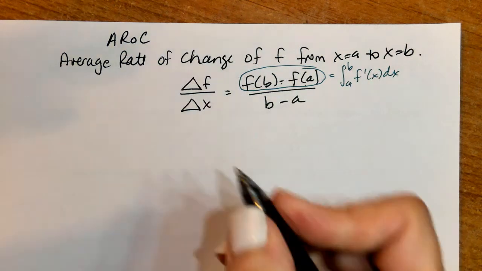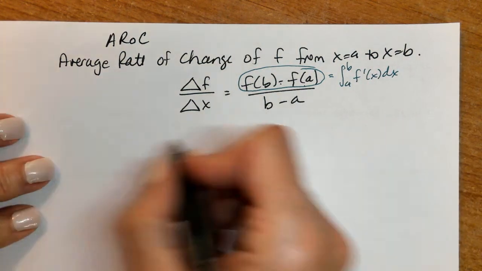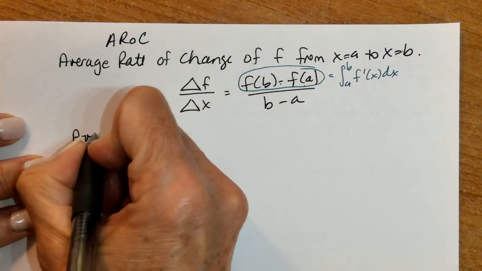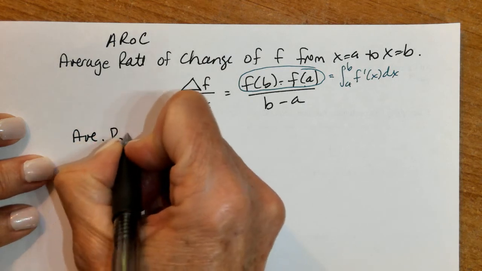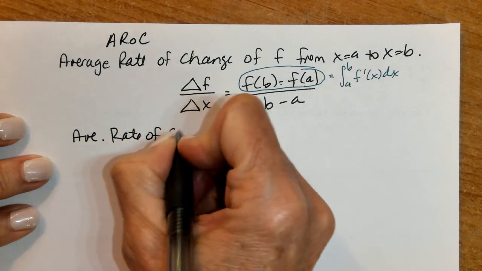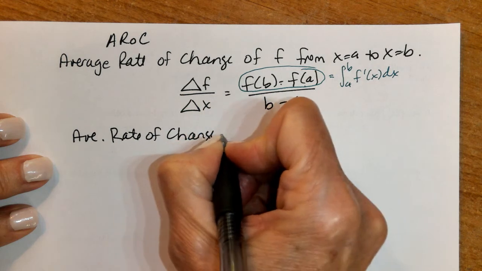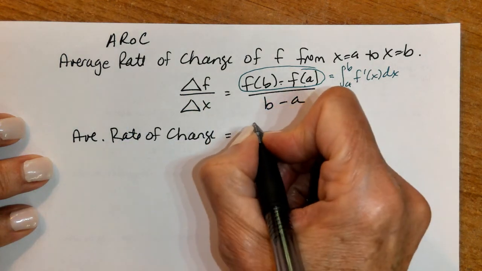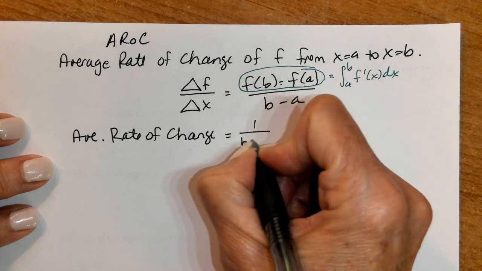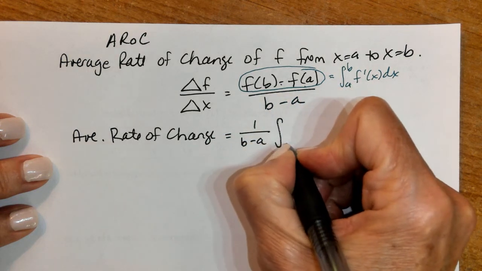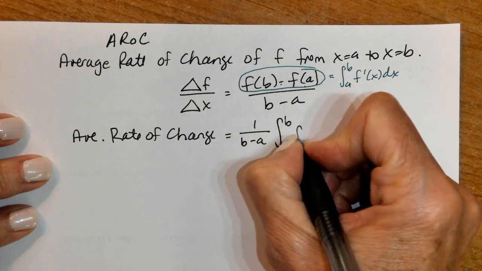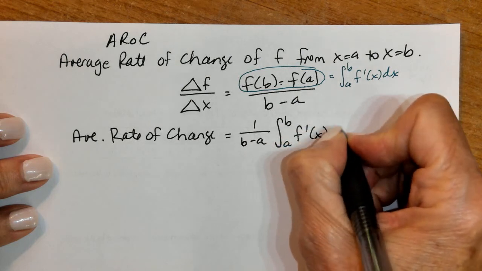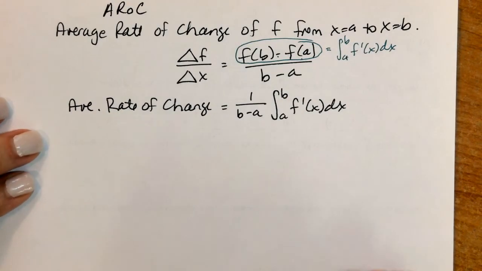So this average rate of change, AROC, is 1 over b minus a times the integral a to b of f prime. Must be true.